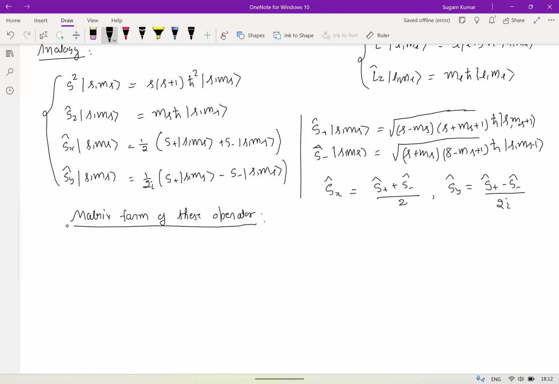So if you want to write down the matrix of this S², what you can do is try to calculate this matrix element, and this is nothing but a delta function.